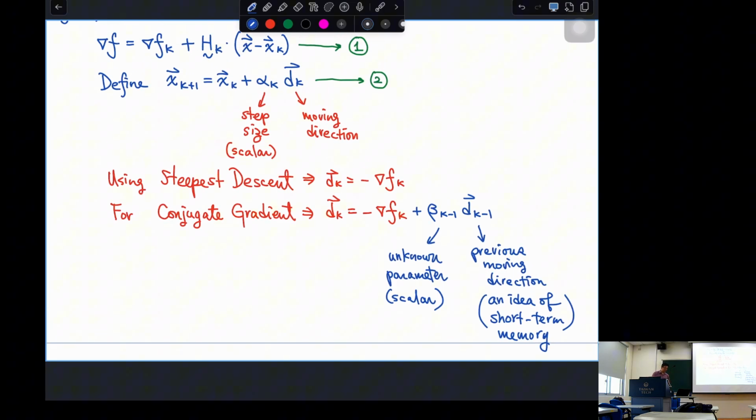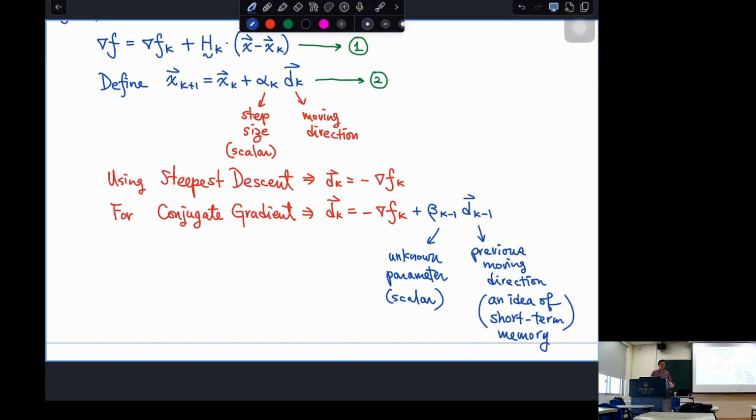So maybe in your project, can you introduce more terms that try to use all the previous moving directions as a reference? So maybe I can choose the current direction even more properly. Then it's like an idea of including short-term memory and long-term memory.